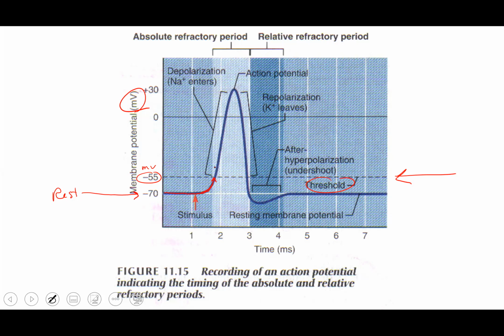It's very quick. And then the electricity goes up to positive 30 millivolts. Okay, and once it's done, then it starts to go back down to its resting membrane potential, which is negative 70 millivolts.